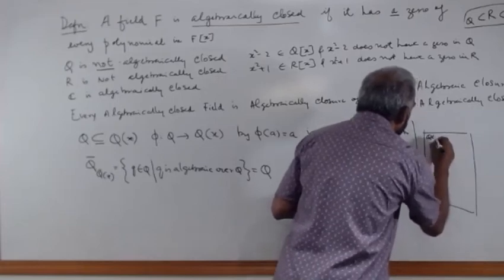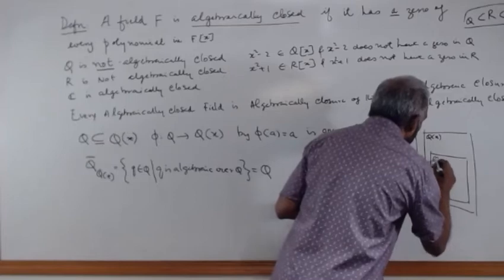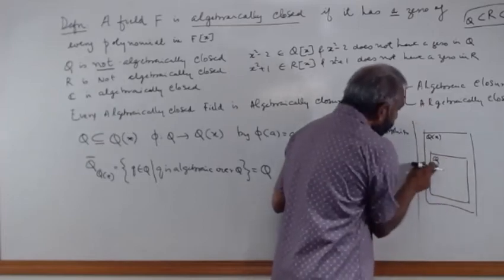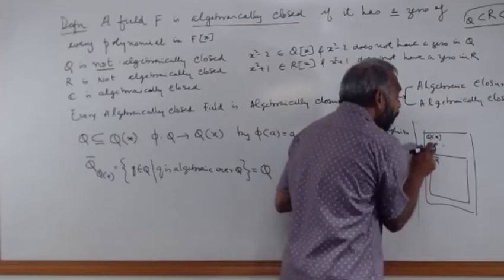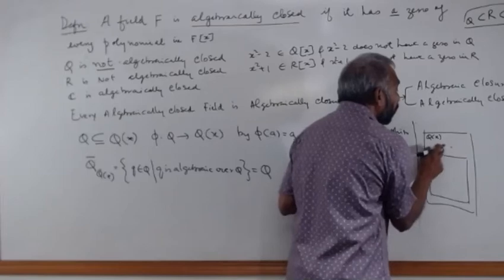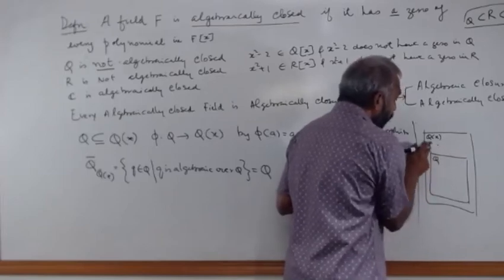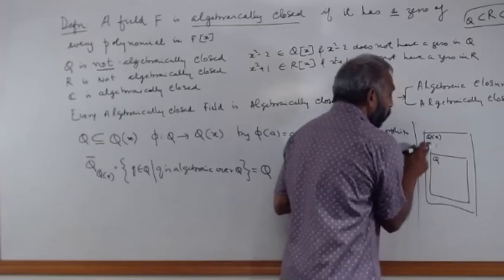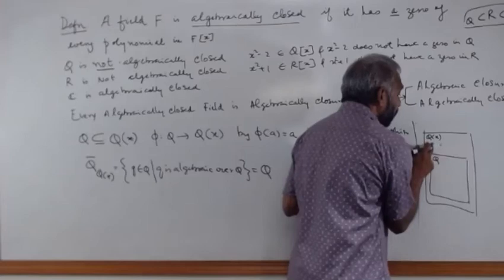Q of x and this is Q. Outside Q and inside Q of x are non-constant polynomial in x, not root 2 or root 3 or anything like that. If you go outside of Q in this extension, what you are going to see is the non-constant polynomials.